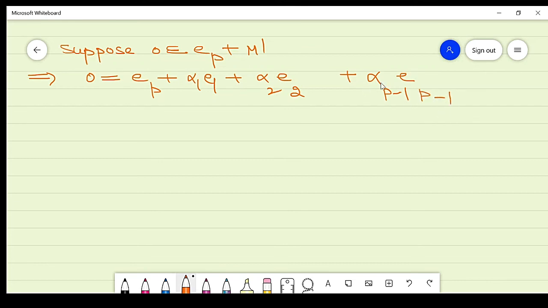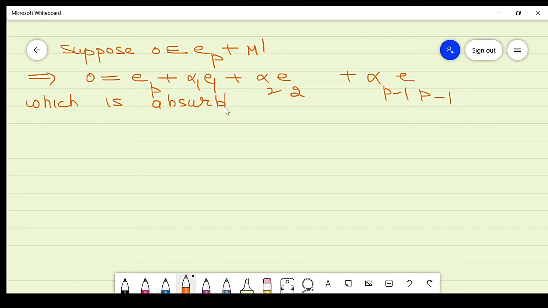Clear? So what does it indicate? It indicates these vectors are linearly dependent, but because the basis vectors E1, E2, up to Ep are linearly independent, and here the coefficient is non-zero, so it shows linear dependence, which is absurd, not possible.